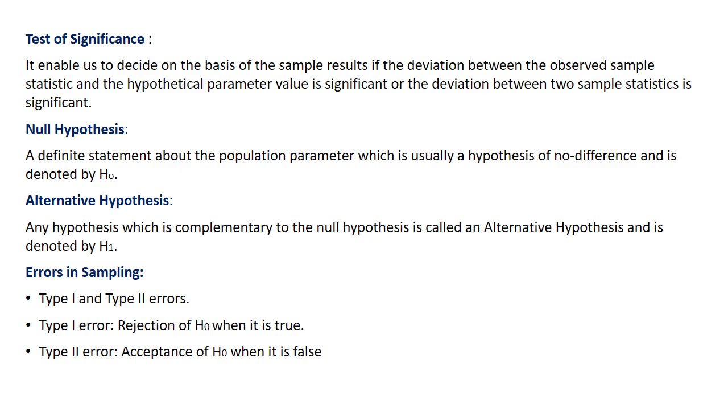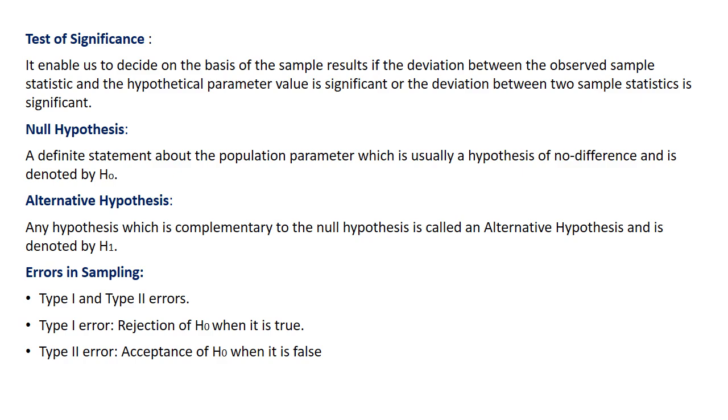So what is meant by test of significance? It enables us to decide on the basis of the sample results if the deviation between the observed sample statistic and the hypothetical parameter value is significant, or deviation between two sample statistics is significant. A null hypothesis is nothing but a definite statement about the population parameter, which is usually a hypothesis of no difference, and it is denoted by H naught.